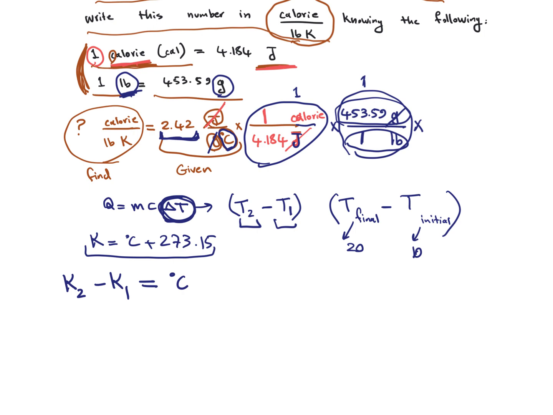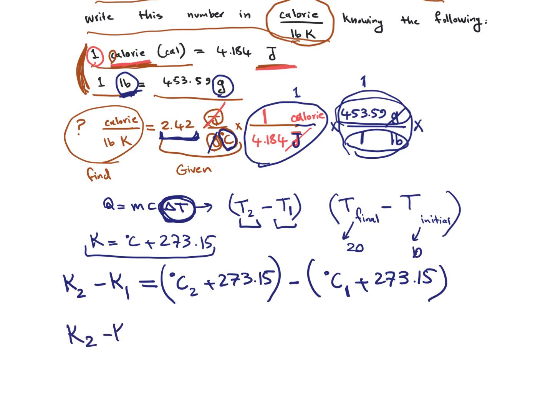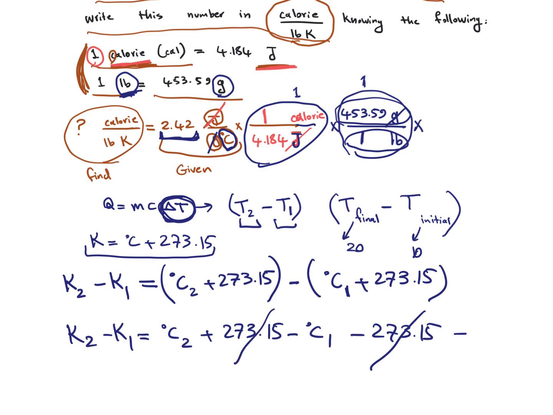I write K2 minus K1 equals degrees Celsius at state 2 plus 273.15, minus degrees Celsius at state 1 plus 273.15. That is, degrees Celsius 2 plus 273.15 minus degrees Celsius 1 minus 273.15, and these two numbers cancel out.